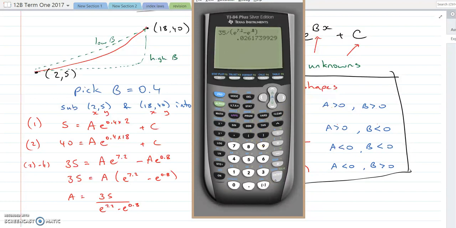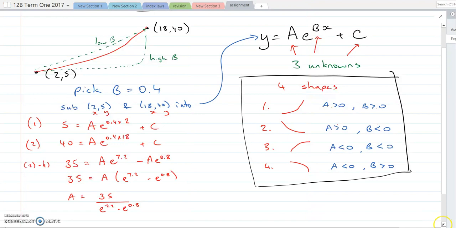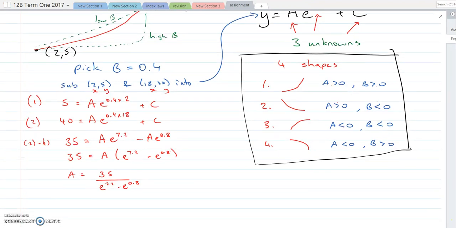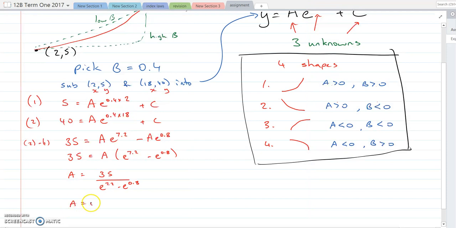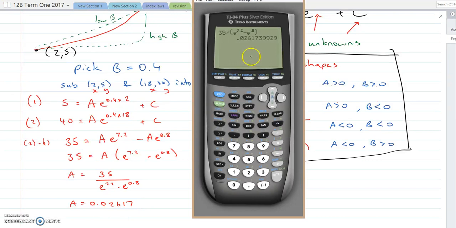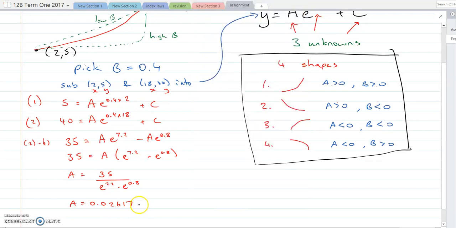We'll keep quite a few decimal places for accuracy in our answer. 0.02617, let's do one more decimal place, 174. That's quite accurate.